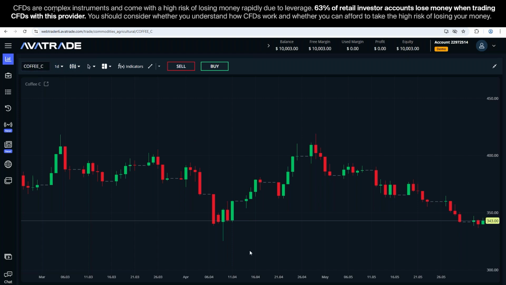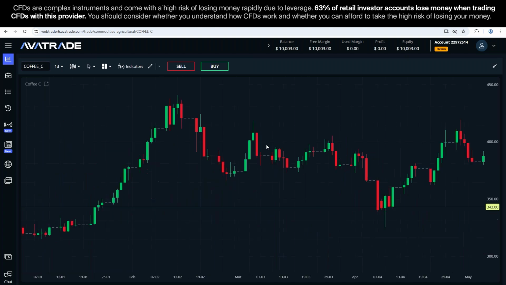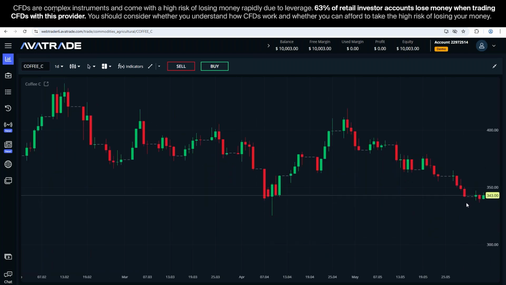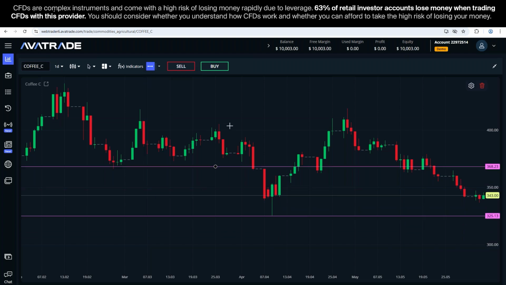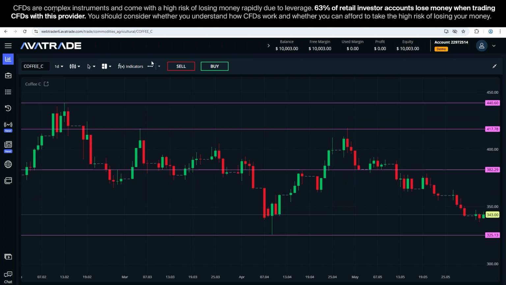Coffee seems like it's declining already. Let me just quickly, okay. Yeah. So it's heading down. It possibly can go even down to the support line. And I'm just placing here some lines to make it a little easier for us, guys.